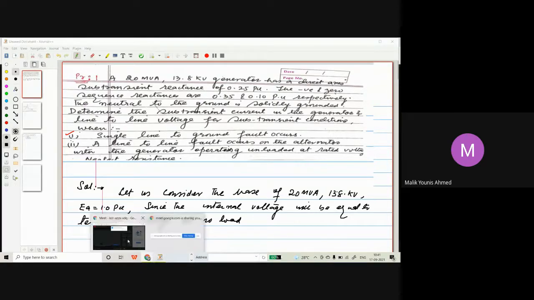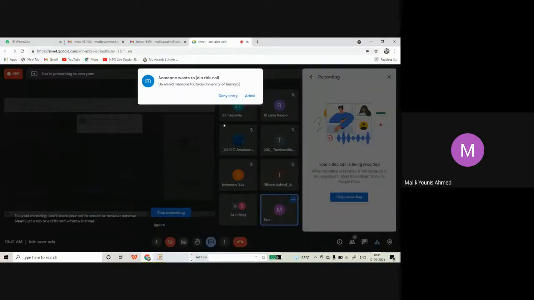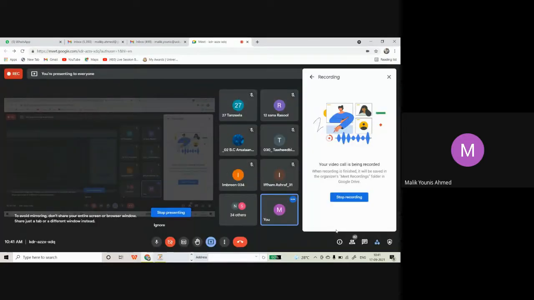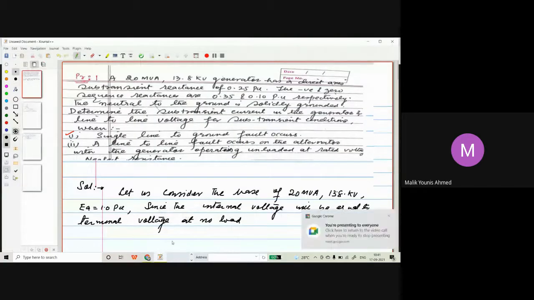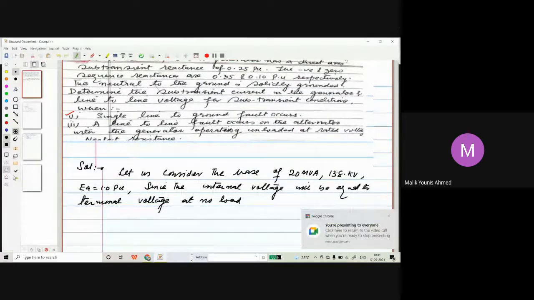Okay, the next, what we have, so then in per unit we have already derived this equation. In PU, how can we do it?